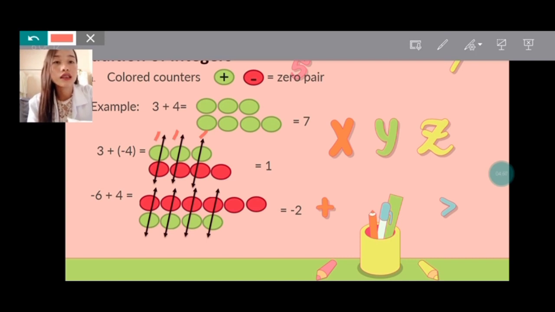The negative is represented as red, so we have 1, 2, 3, 4. Since I told you earlier that every positive and negative pair is equivalent to 0, we can now apply a cancel. Green and red, cancel, cancel, cancel. So we have 1 left.